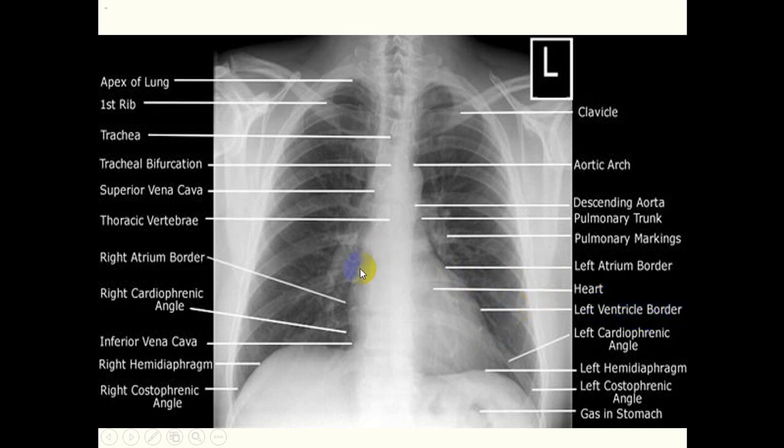The right margin is formed by the right atrium. So we can observe this central whitish shadow formed by the different overlapping structures present in the mediastinum.